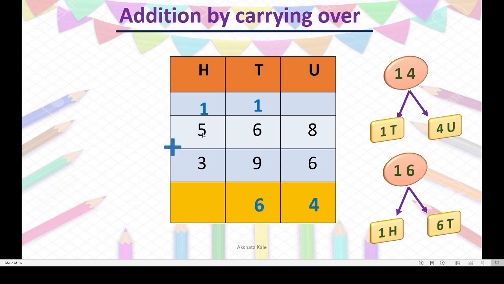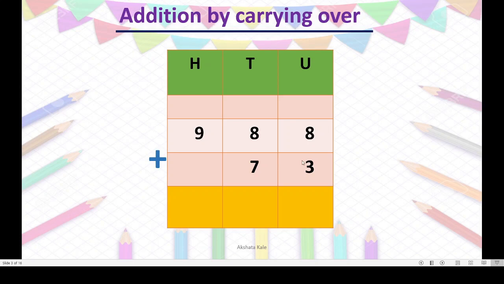How much? 1 plus 5 is 6 plus 3, that is 9 hundreds. Correct? So we will read the answer here, 964. Okay, this is the addition by carrying over method, that too in vertical arrangement, means this number is above and this 396 is below this number. So this is called vertical arrangement.